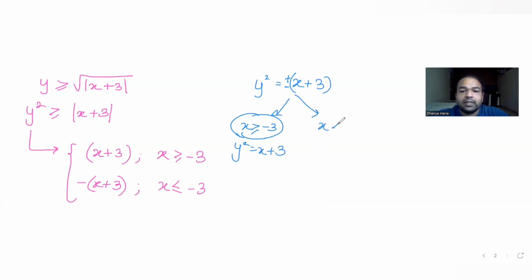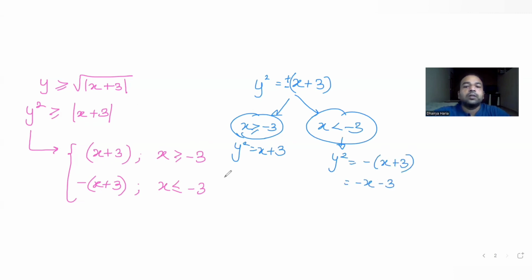And for x less than minus 3, we have y square as minus x minus 3. Now if I plot these regions, y square equal to x plus 3 will be a parabola touching the x-axis at minus 3 comma 0, because if you put x as minus 3 you get y as 0.